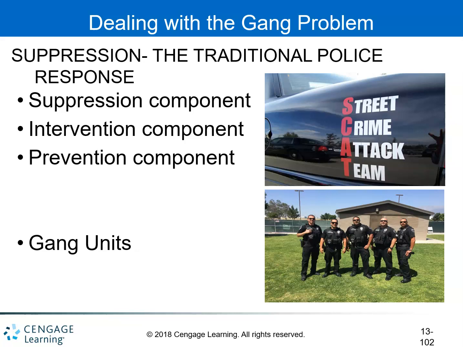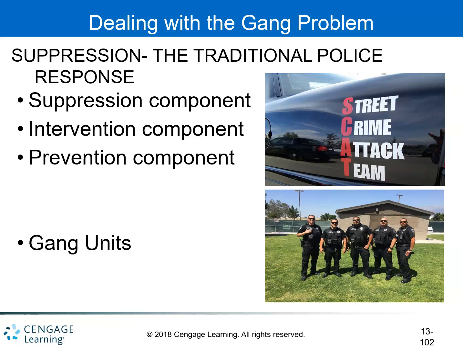Back in the olden days when I was working in Rialto, our gang unit was called SCAT. If you look that up in the dictionary, it's not really good. But anyway, it's called the Street Crime Attack Team, and we drove these really cool all black cars, and the officers wore all black uniforms. But you are starting to see gang units forming.